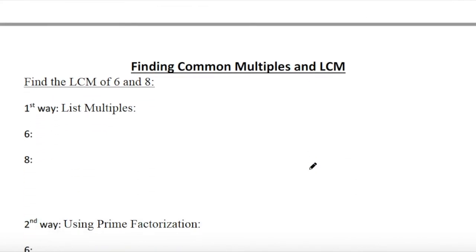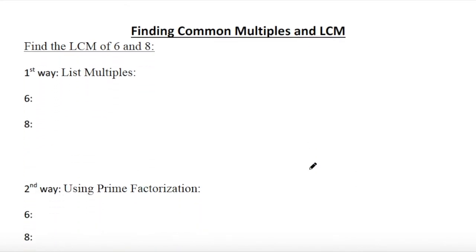Now going to common multiples and least common multiple, which is LCM. For example, find the LCM of 6 and 8. Let us write multiples of 6. First way, using listing multiples.